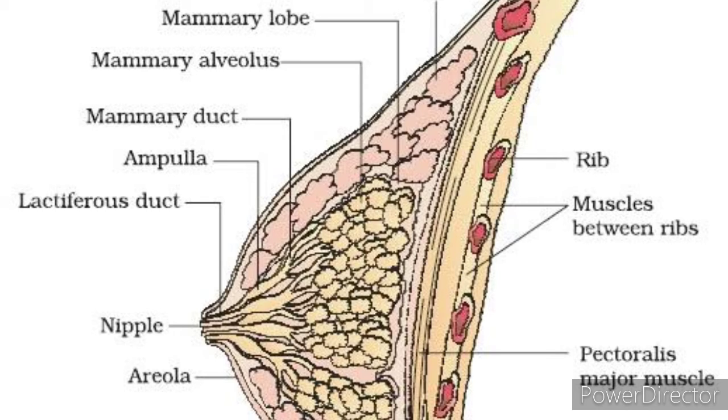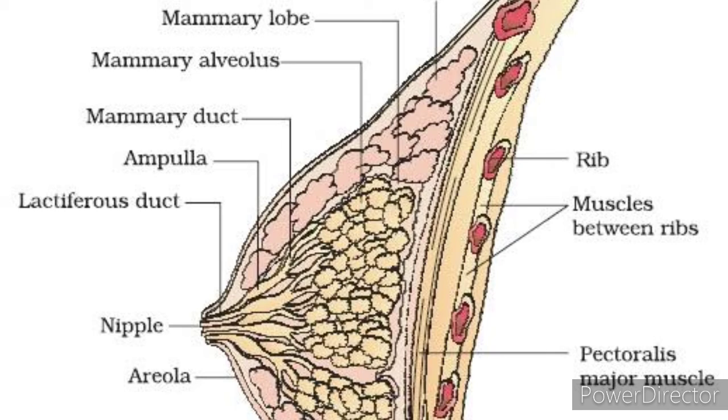And a characteristic feature of the female reproductive system is that a functional mammary gland is characteristic of all female mammals. The name mammals itself is given because of the presence of mammary glands. The mammary glands are paired structures that contain glandular tissue and a variable amount of fat. As you can see in the diagram, the fat area is also visible.